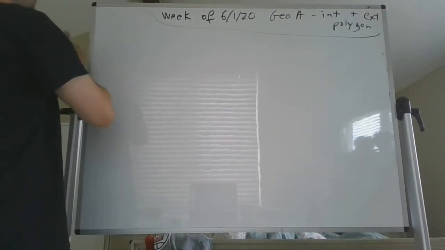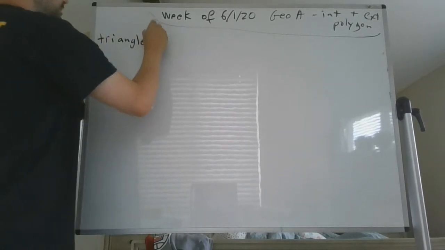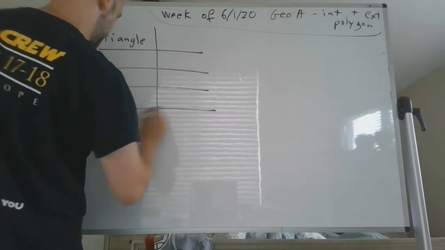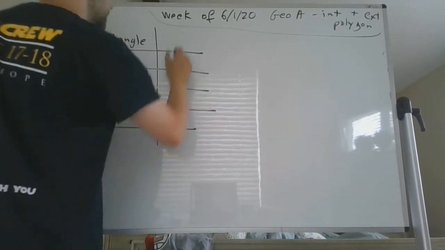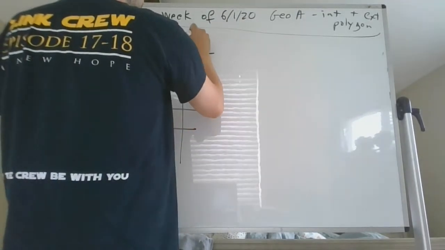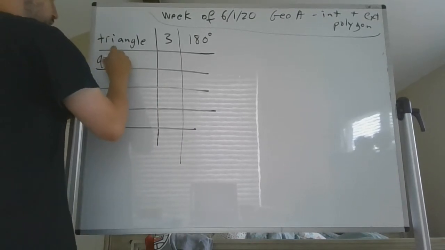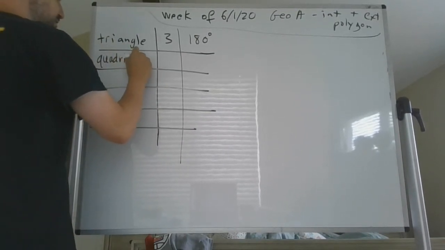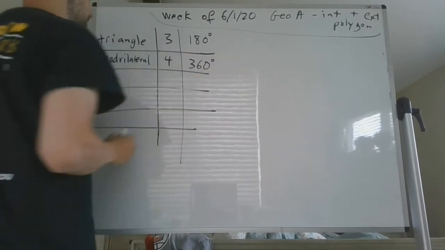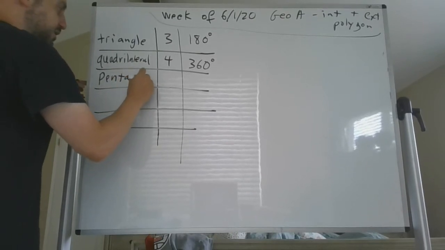Triangle: has 3 sides and it's 180 degrees. Quadrilateral has 4 sides and it's 360 degrees. Now we're doing a pentagon, which has 5 sides.